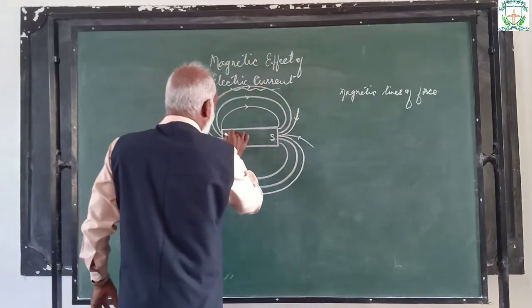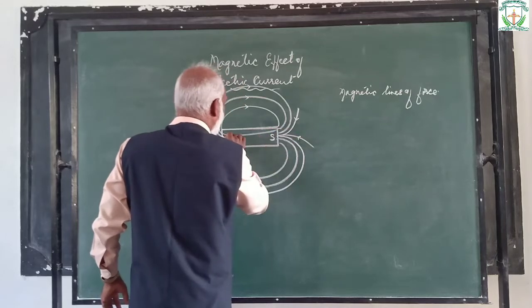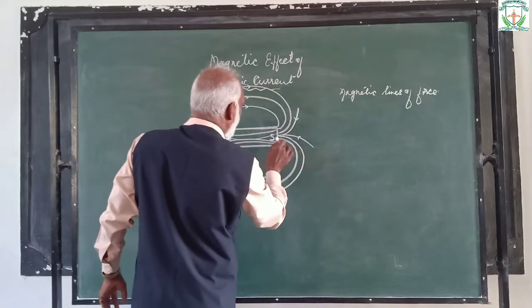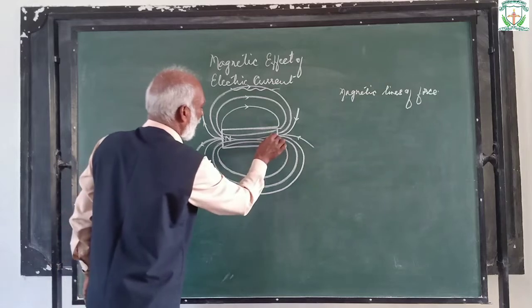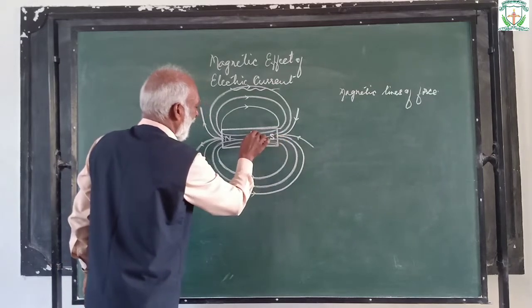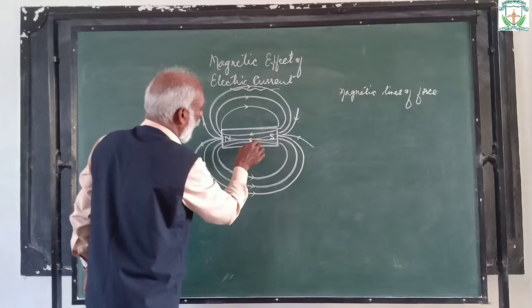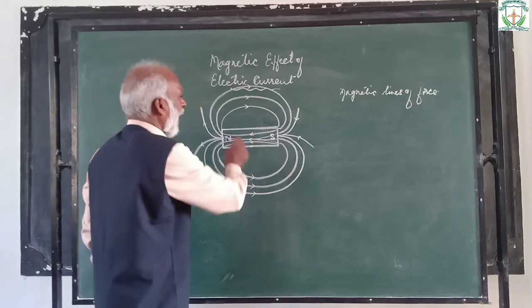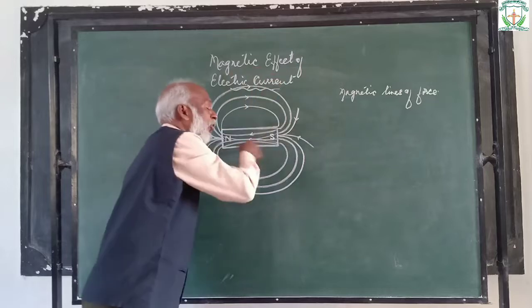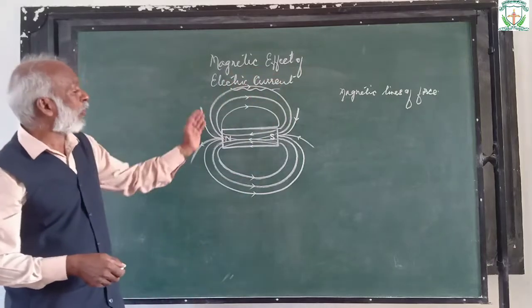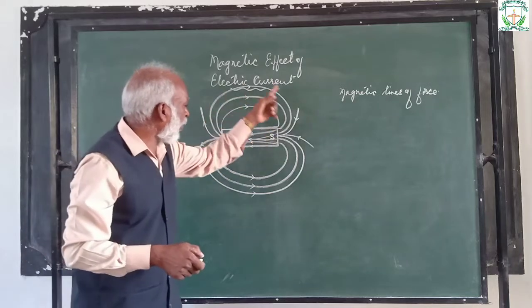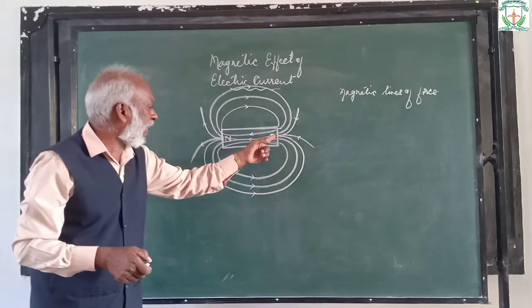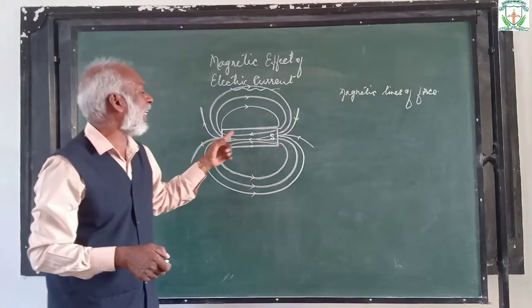Internally, the magnetic lines of force are from south pole to north pole. So magnetic lines of force are closed loops from north pole to south pole and so back from south pole to north pole internally.